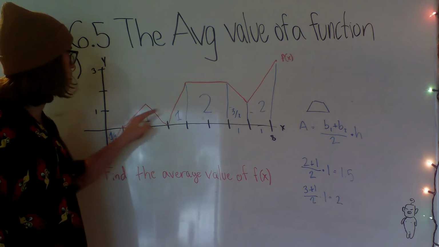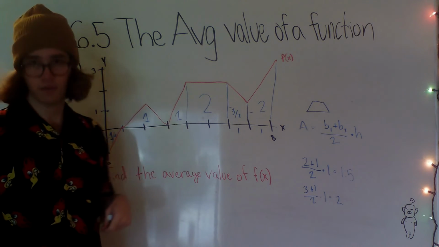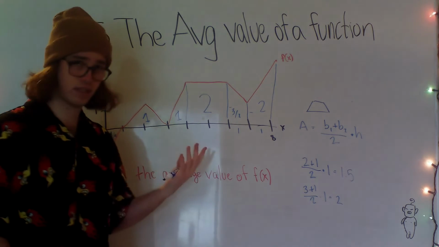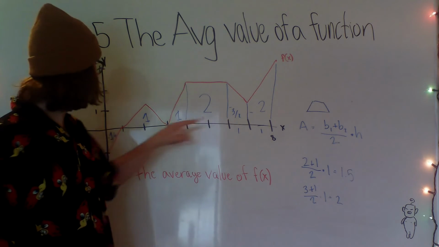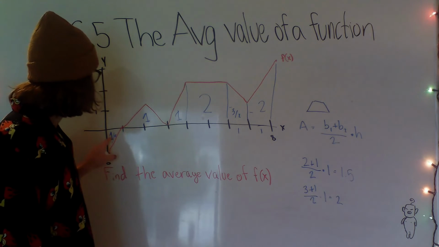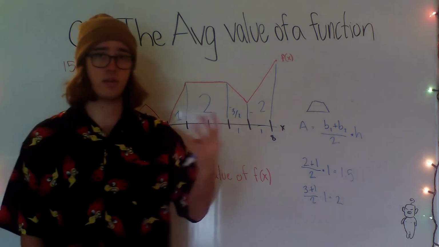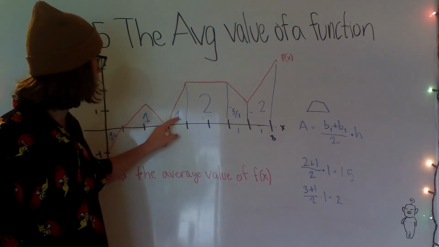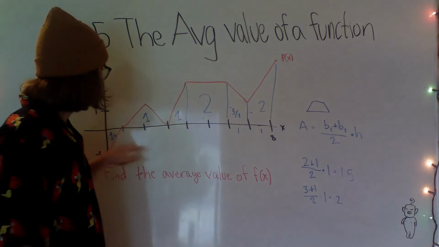Well, we're going to do 1 plus 1, 2, plus 2, 4, plus 2, 6, plus 1.5 minus 1.5. Well, negative 1.5 plus 1.5 is 1. So we had 1, 2, 4, 6, 7.